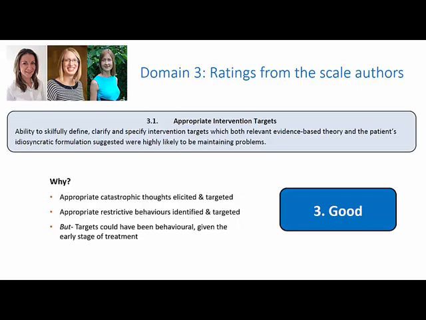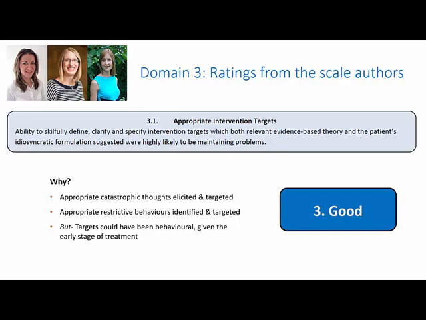Appropriate behaviours were also targeted, for example the restrictive eating, and these seem relevant to the early stage of therapy, the individual's presentation, and seem likely again to be maintaining the patient's problems. The reason we gave a 3 rather than a 4 was that we had one key learning point, which was around the targets being more behavioural.